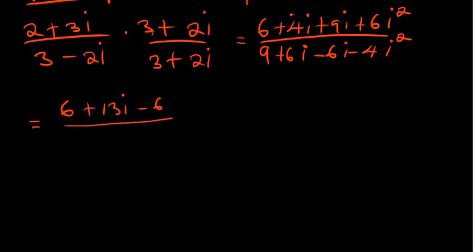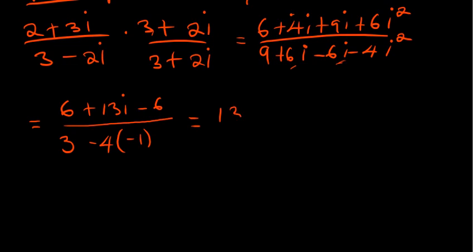Then when you subtract the two i terms here, it will give you 0. You won't even write it since it's just a 0. So you are going to have negative 4i squared, and remember i squared is negative 1, so it will be negative 4 times negative 1. So 6 minus 6 gives you a 0, and you just remain with 13i up here.